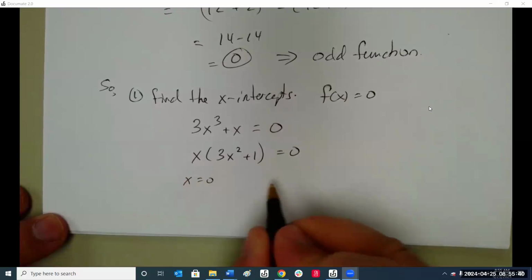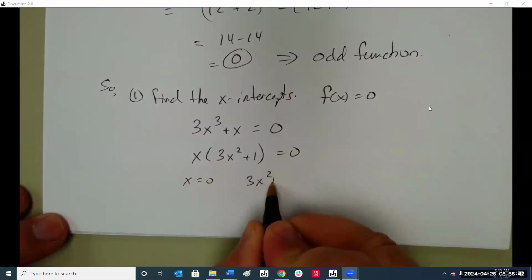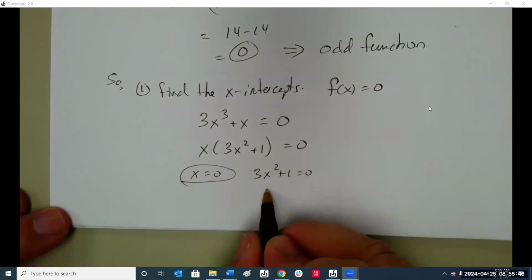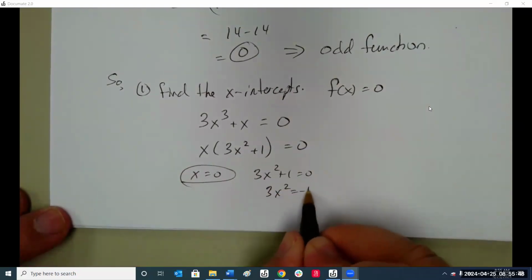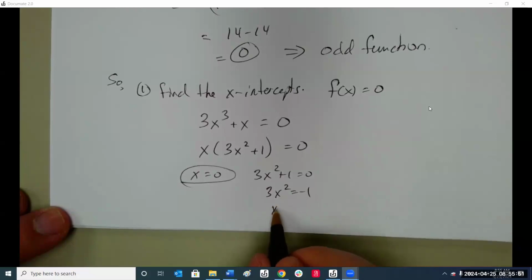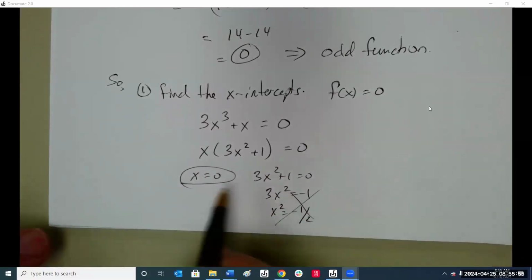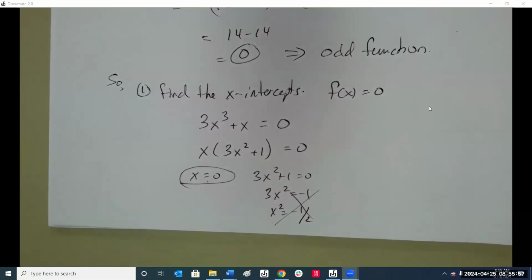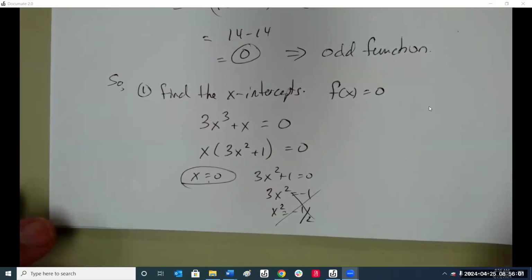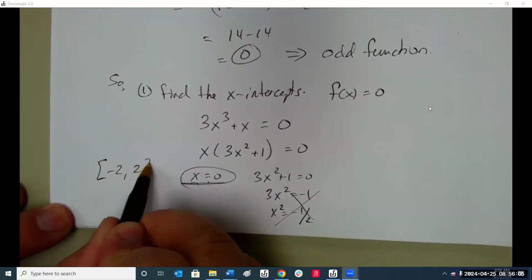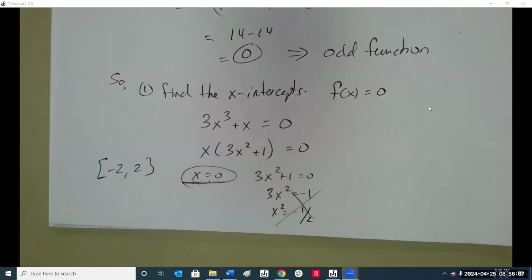Set them equal to 0. So there's our one intercept. And that one can't be, it's imaginary. So the only x-intercept we have is at 0. And fortunately, 0 is within our bounds of integration.